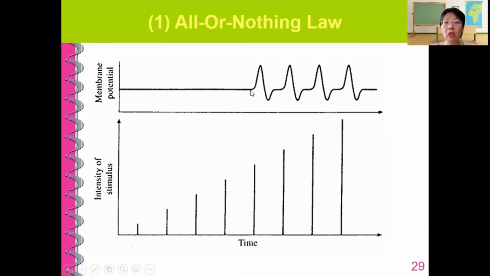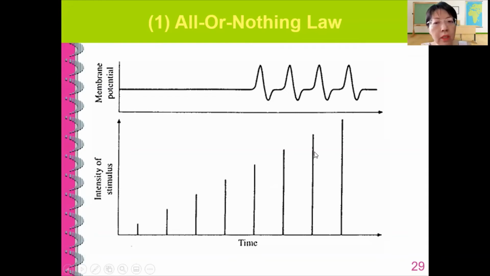So no action potential, even though there's stimulus. Then above the threshold stimulus intensity, as the sound becomes louder and louder above the threshold, which is probably this line here, every time the stimulus comes in, the action potential can be generated.